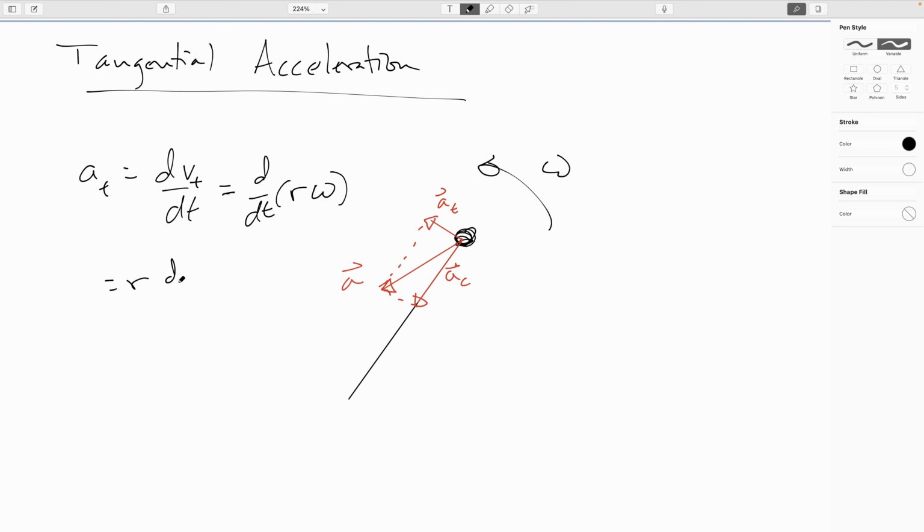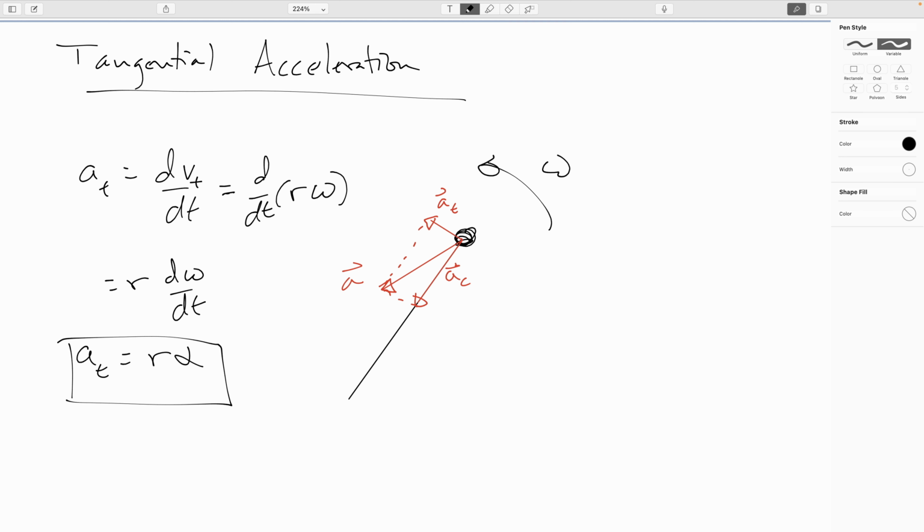So this will be r times d omega/dt. So we get that the tangential acceleration is equal to r alpha. So it turns out that the rate at which the speed of something is changing is directly proportional both to the radius of the circle you're going around in and the rate at which the angular velocity is changing.